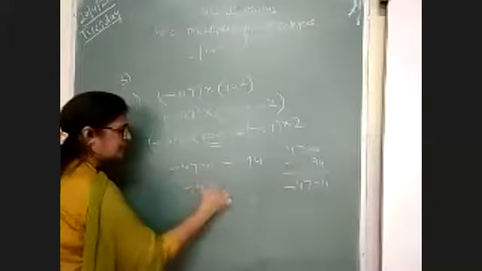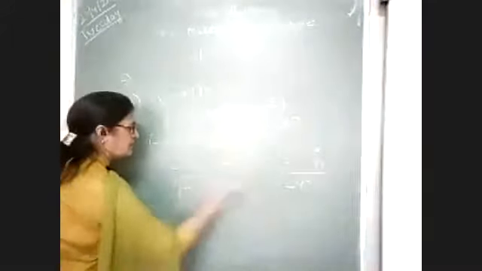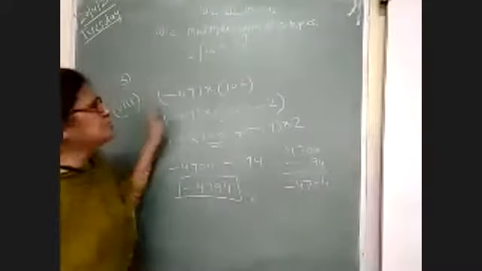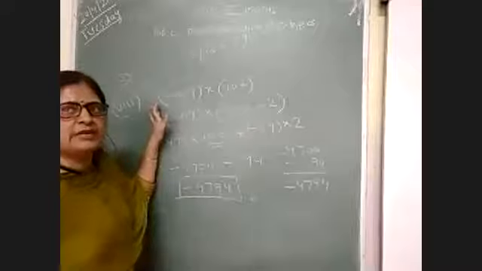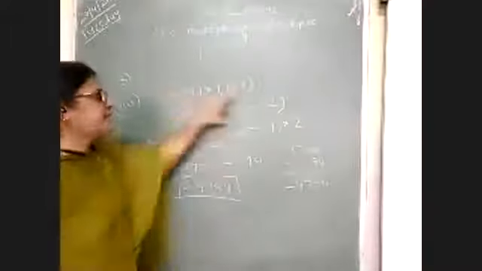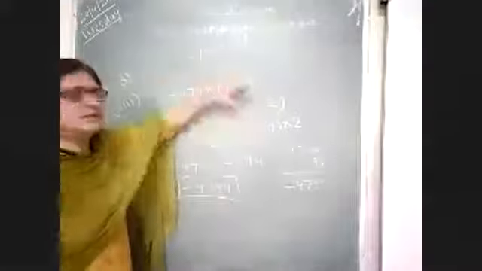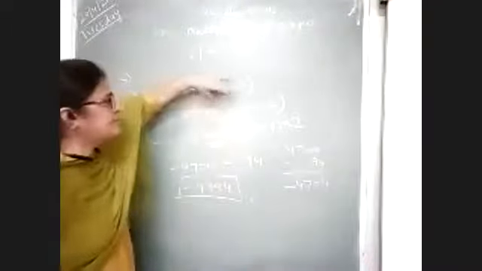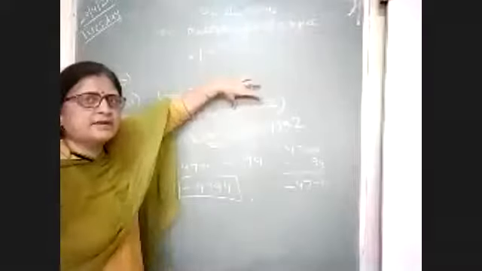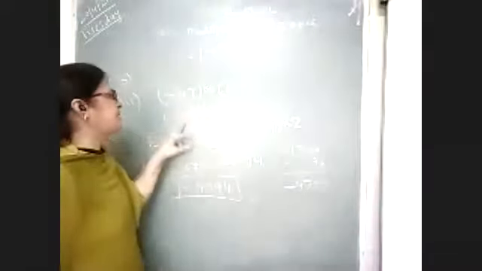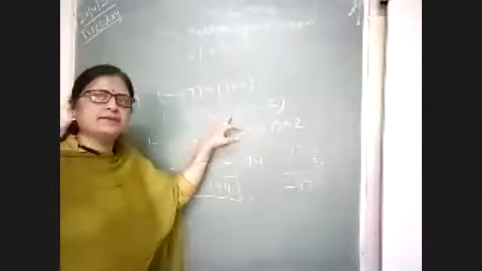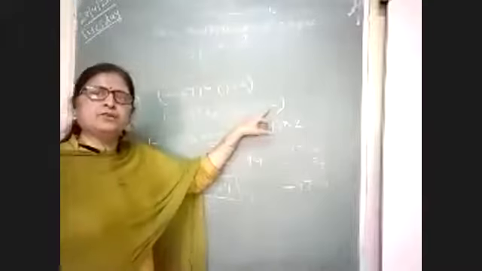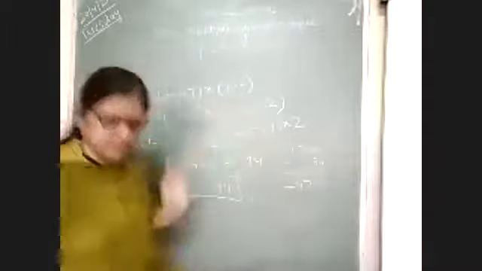So the answer is 4794. And this is the distribution law of multiplication over addition. We are adding and then distributing, so our property was multiplication over addition. First we will multiply minus 47 by 100. Then minus 47 multiplied by 2 also. Okay.